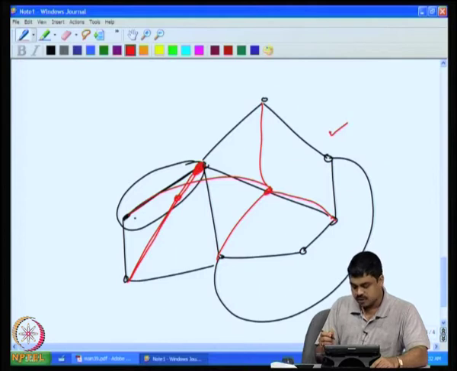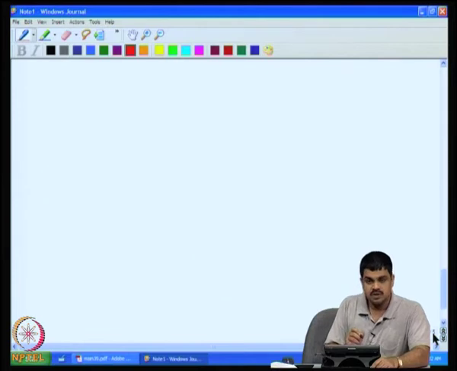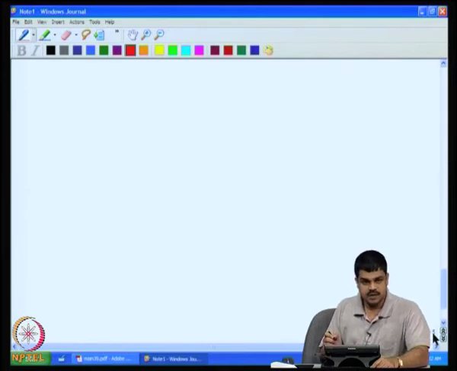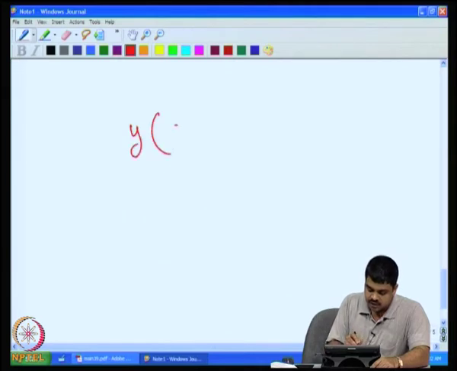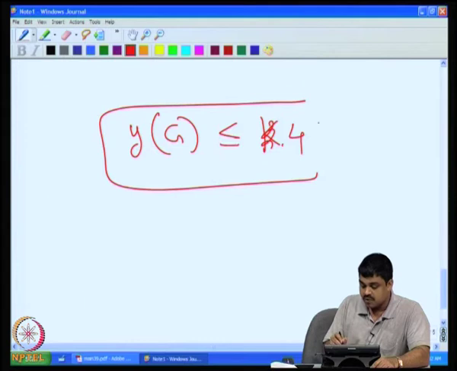So, what can I tell about the Hadwiger number of a planar graph? Definitely you can say that for any planar graph, eta of G, the biggest clique minor, has to be less than or equal to 4, right. K4 is the biggest you can get. Why is it so?